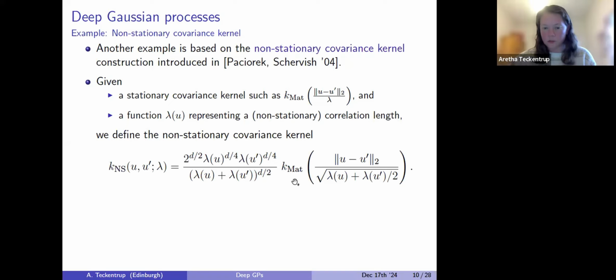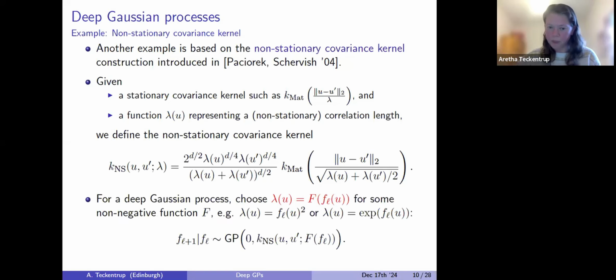If you apply the general methodology in this paper, you get this covariance function here. It looks slightly strange just because you have to make sure that it is still symmetric and positive definite, but this is what comes up. In the context of deep Gaussian processes, you would then use the previous layer FL to define the length scale function of FL plus 1.